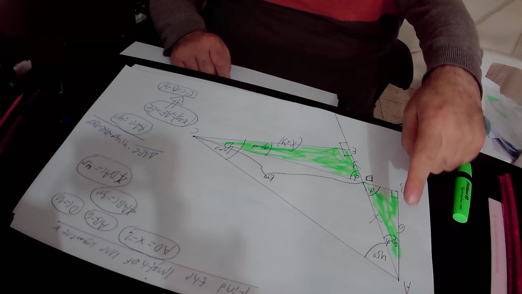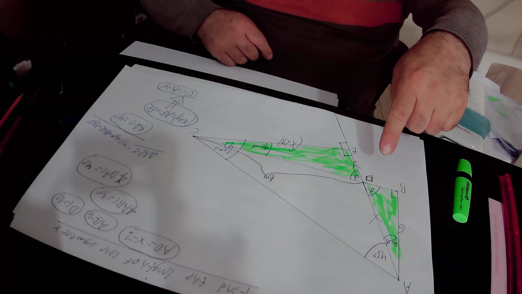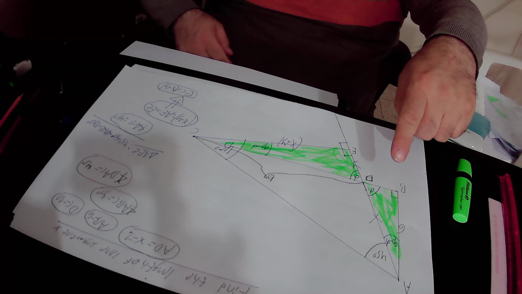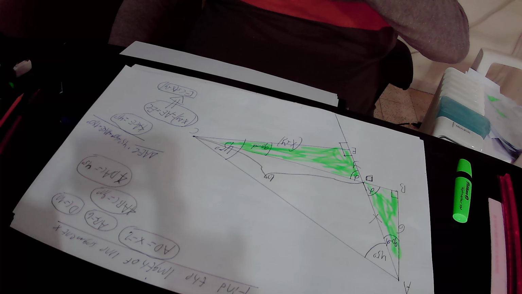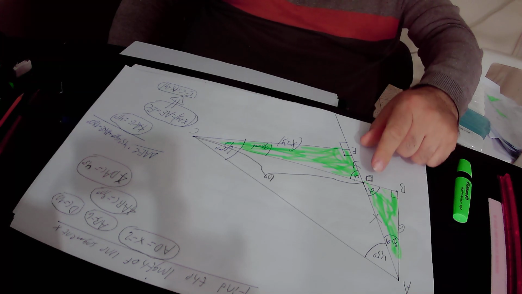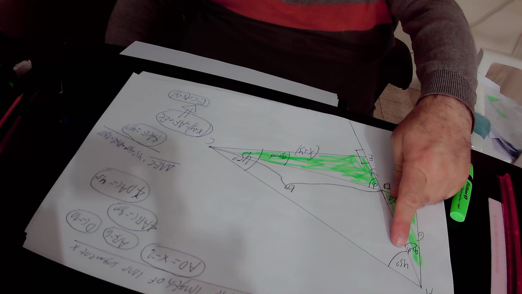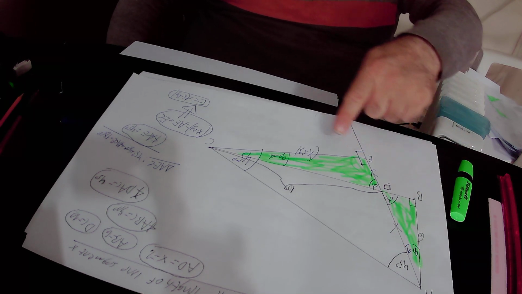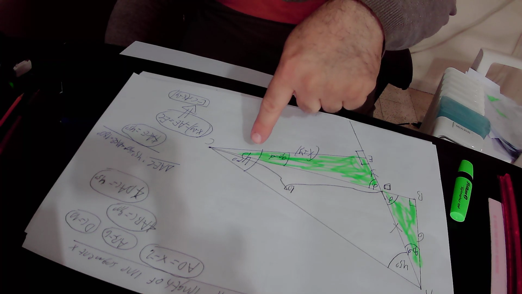So in the right triangle AED, we know that the sum of the angles must be equal to 180 degrees. That is to say, 45 degrees plus 90 degrees plus the size of this angle, which is actually angle ACE.